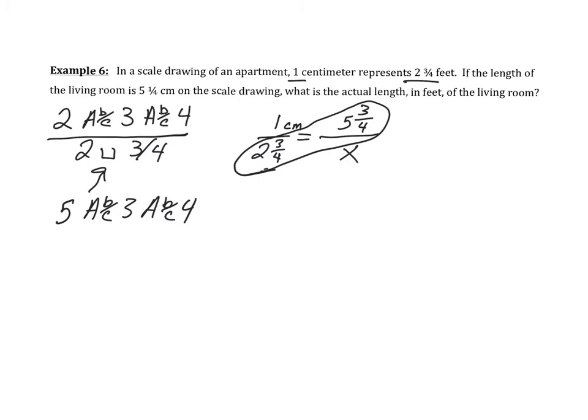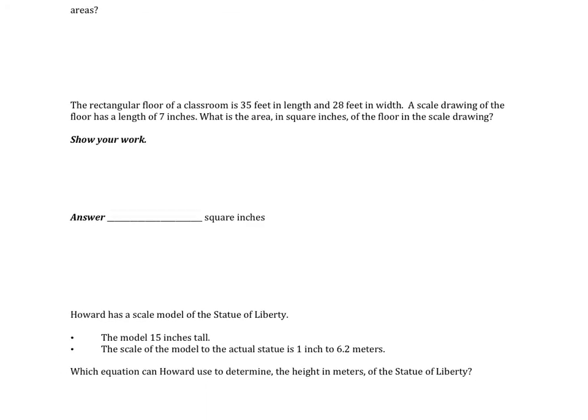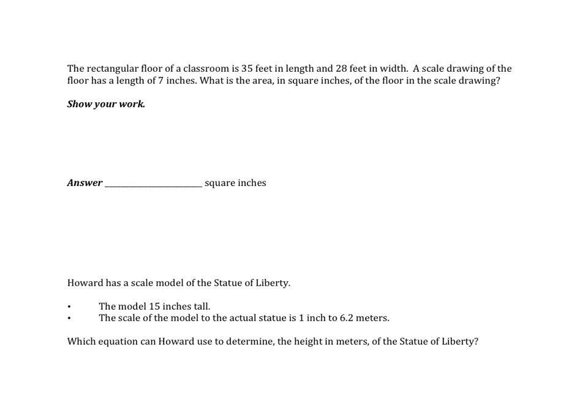I want to skip forward to this one right here. The rectangular floor of a classroom is 35 feet in length and 28 feet in width. A scale drawing of the floor has a length of 7 inches. Okay, so when we're dealing with that, we want inches over feet.